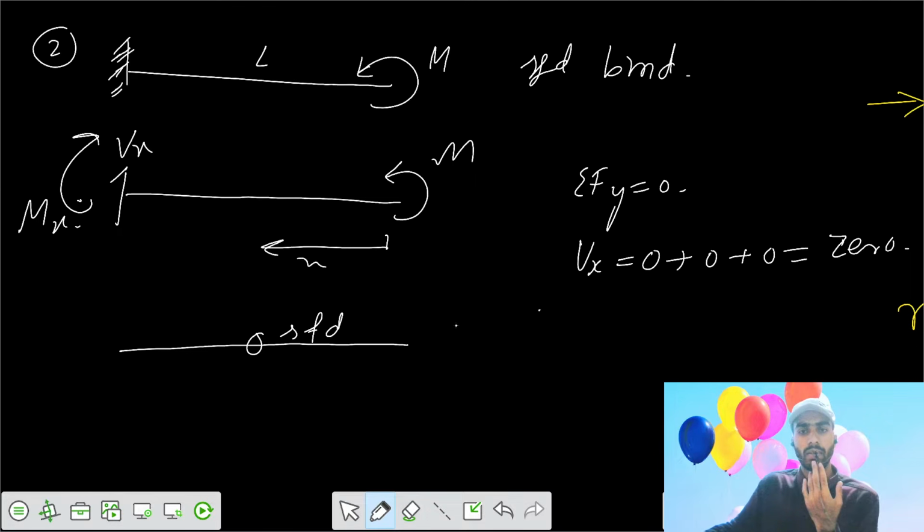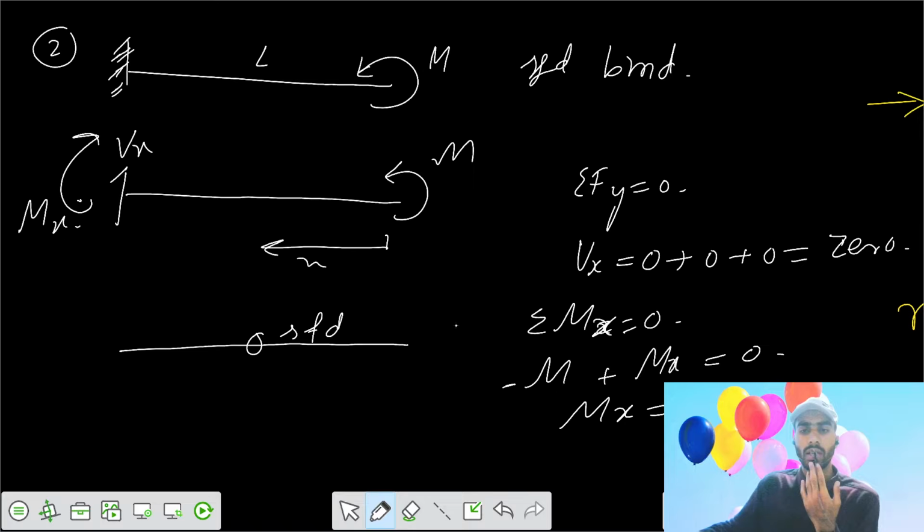Then we have summation of moments at x equals 0. We can say minus M acting anti-clockwise plus moment at x acting clockwise equals 0. So your moment direction is positive. That means the assumed direction is correct, that is, your moment is acting clockwise at every x.